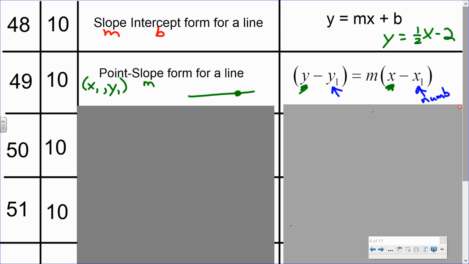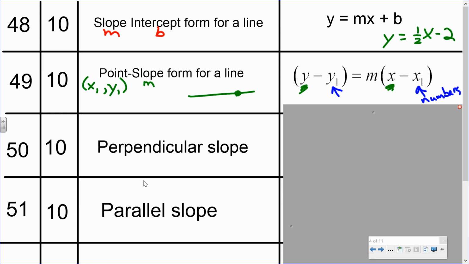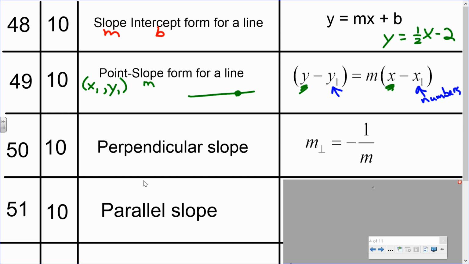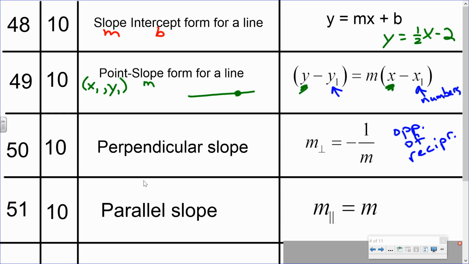They are the coordinates of that point that you know. You guys have also done a fabulous job for me of remembering that our perpendicular slope is take the opposite, turn it upside down, so the opposite of the reciprocal, and that parallel lines have the same slope.